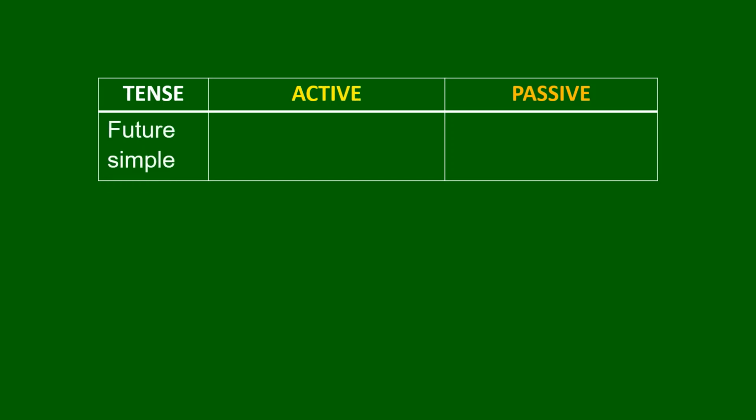We will continue with passive forms in the future simple tense. Look at the example. I will do my homework tomorrow. We will have my homework as the subject of the passive sentence. Then will. After will, we have to use be plus a verb in the past participle.